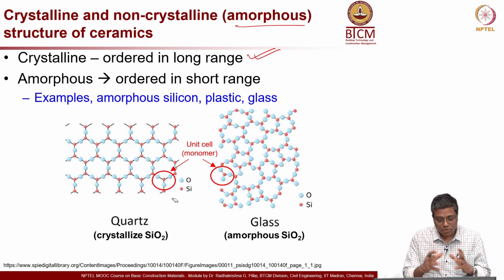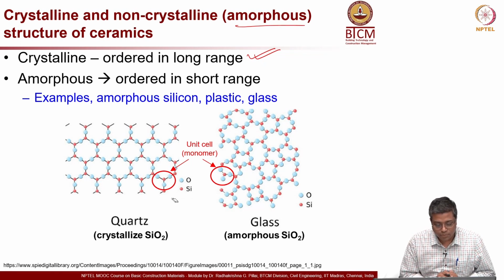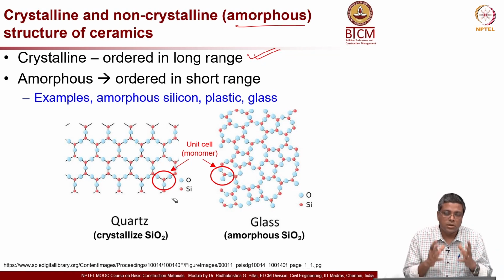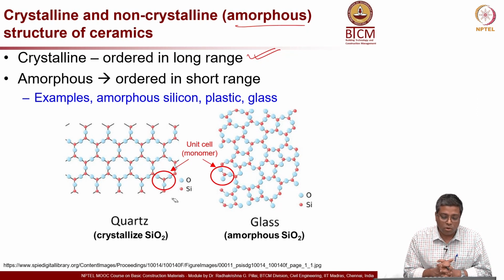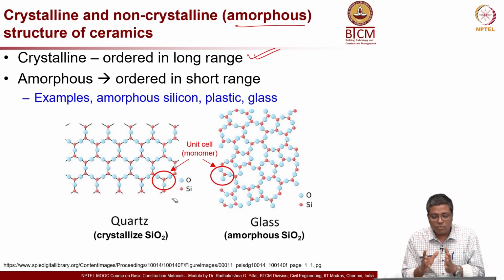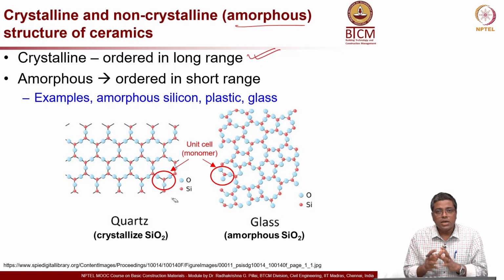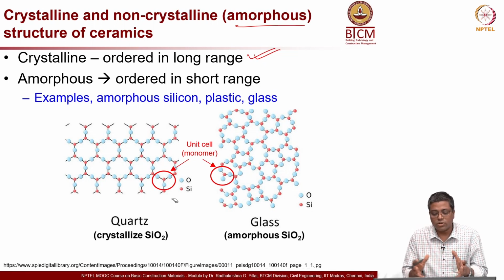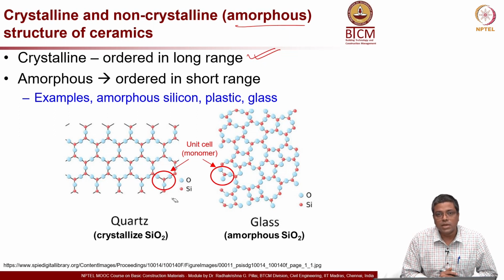arranged in a larger volume, in the quartz case you have a very well structured arrangement in the long range, meaning a larger volume is in a proper, ordered manner, whereas in the case of glass, that orderliness is only for a very short range, not for the entire or larger volume.